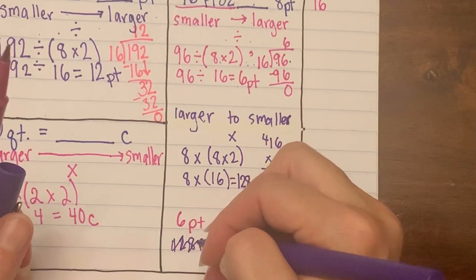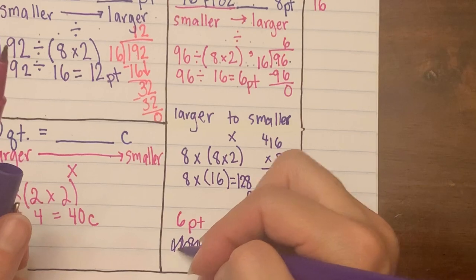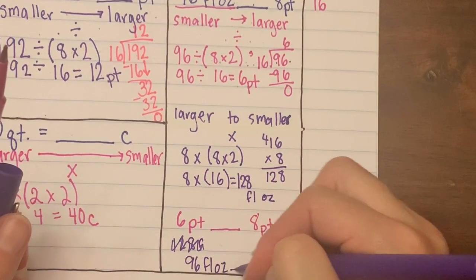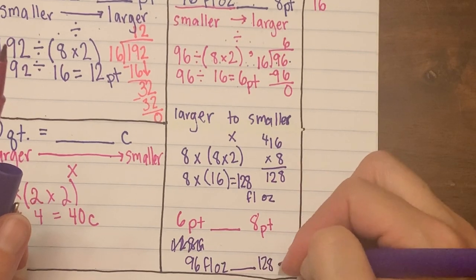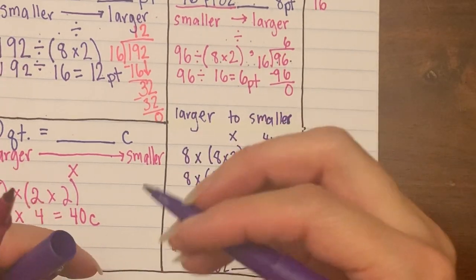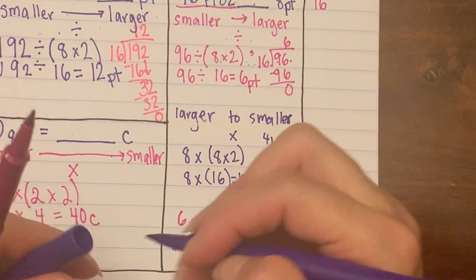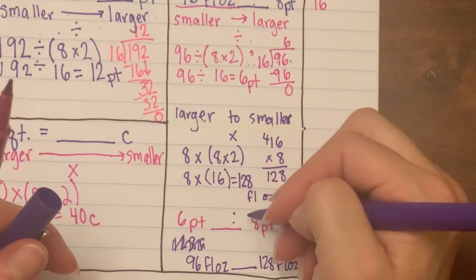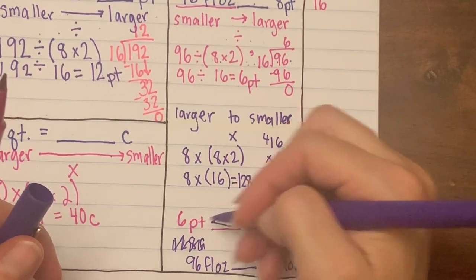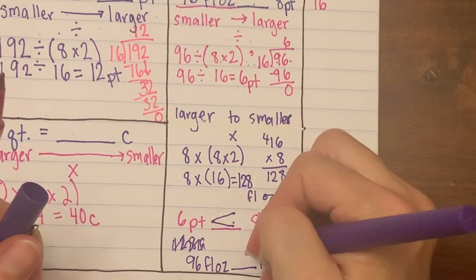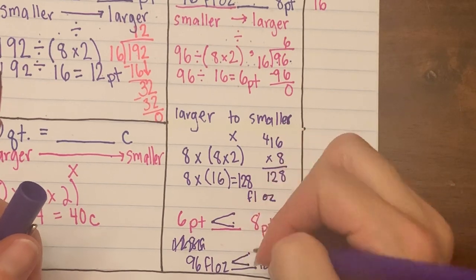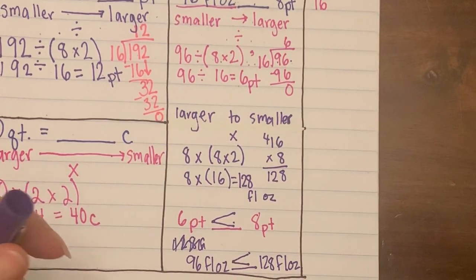Oh, my mistake. It'll be 96 fluid ounces compared to 128 fluid ounces. So in this case, I'm going to use the different colors, 8 and 6, and then we combine. So 6 is less than 8. And in this case, 128 is more than 96. So 96 is less than 128.